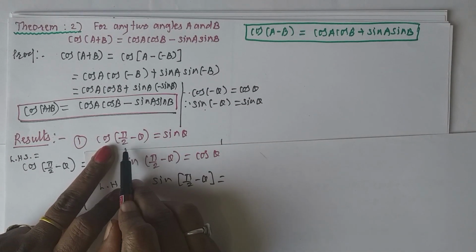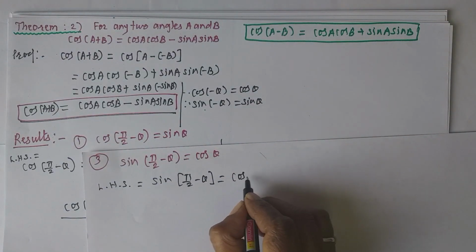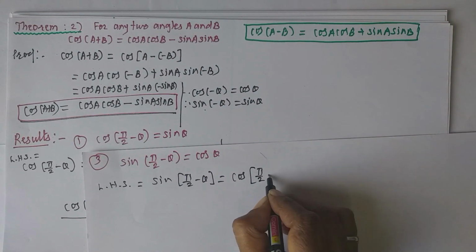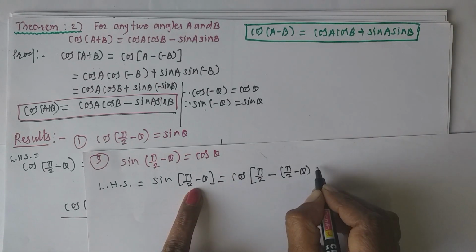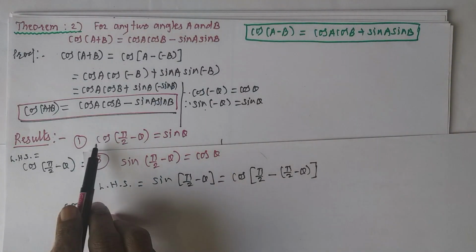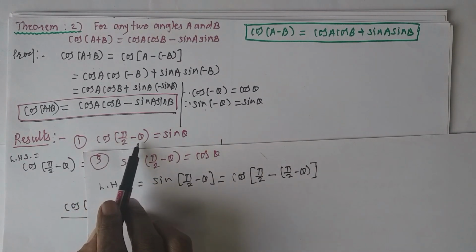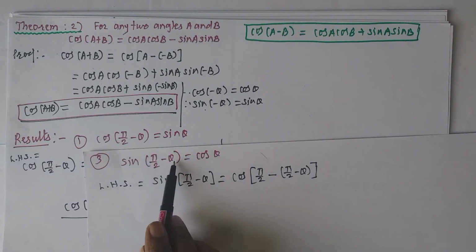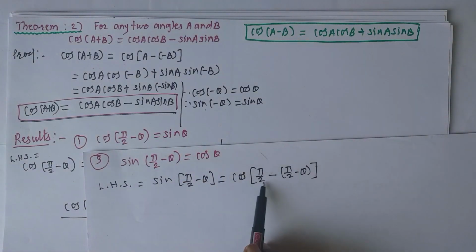From our first result, sin theta can be written as cos pi by 2 minus theta, where theta is this angle. Therefore, for sin of pi by 2 minus theta, I write cos of pi by 2 minus, and theta is pi by 2 minus theta.